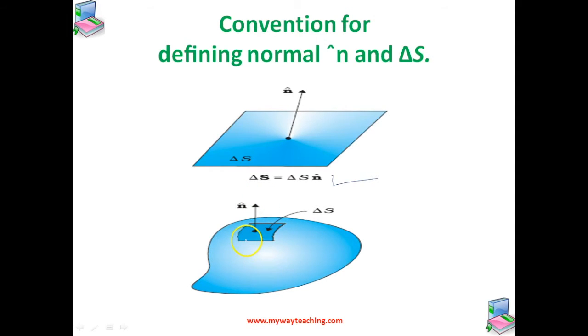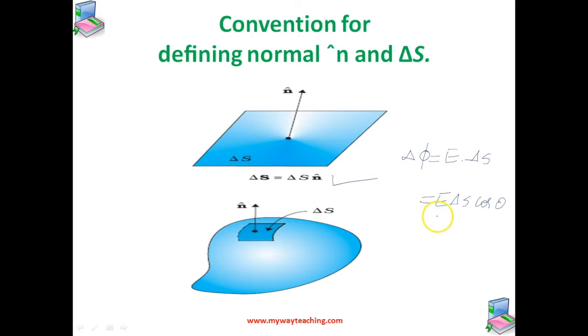Now, coming to the definition of electric flux delta phi through an area element delta S, it is given by delta phi equal to E dot delta S, that is equal to E delta S cos theta.